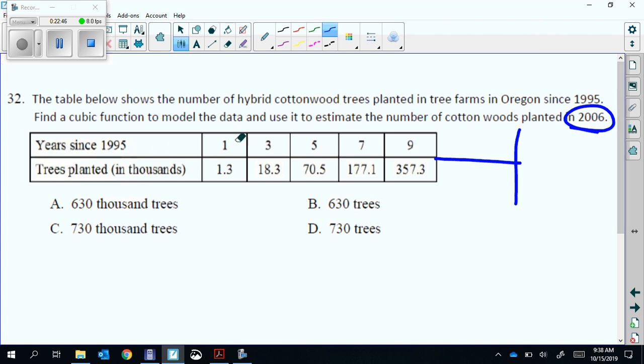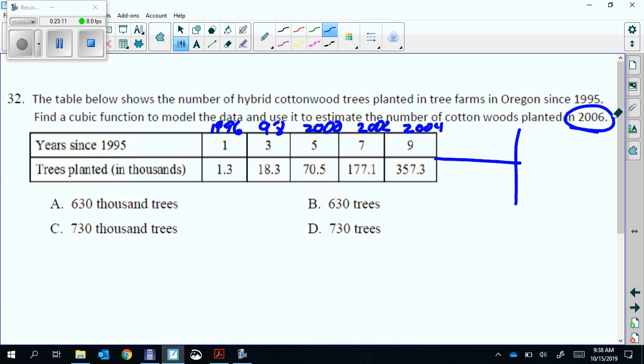So that means this is like 1996. And this would be 98. This would be the year 2000. That'd be 2002. 9 years after 1995, that would be 2004.